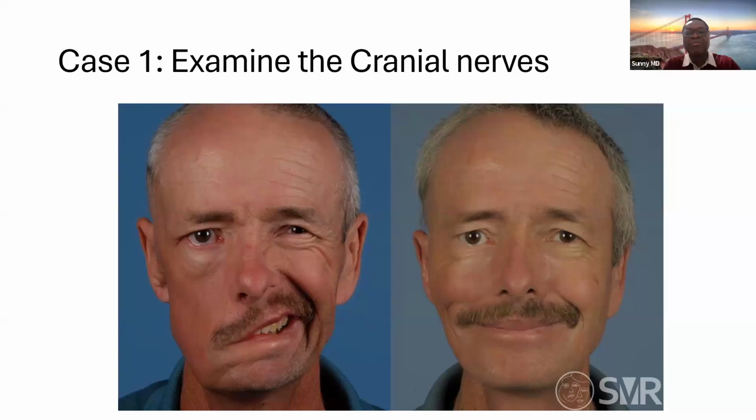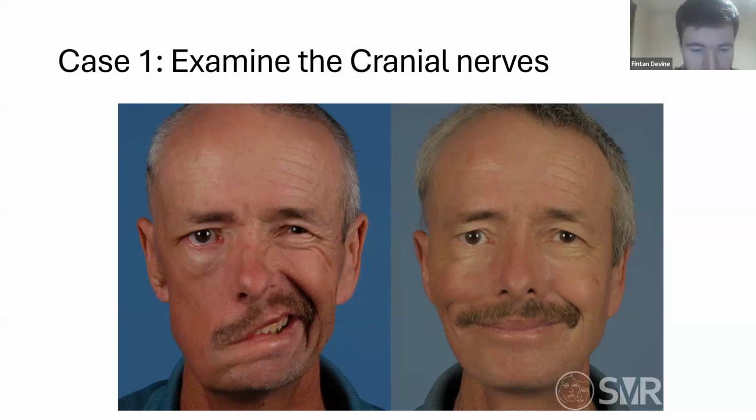What are you looking for in the eye movement? To make sure that they're normal. If there was some sort of weakness of the eye movement, it could point towards some kind of grouped cranial nerve issue, like cerebellopontine angle. So it's got a sixth nerve palsy, on the right eye.